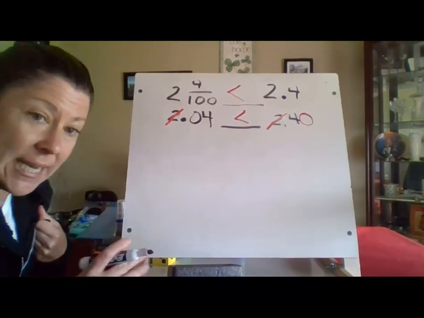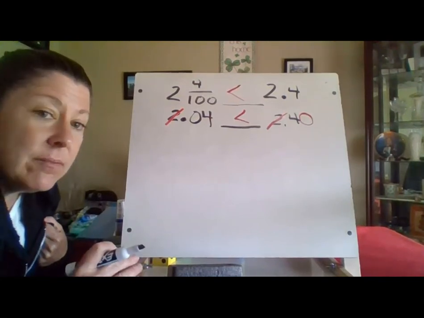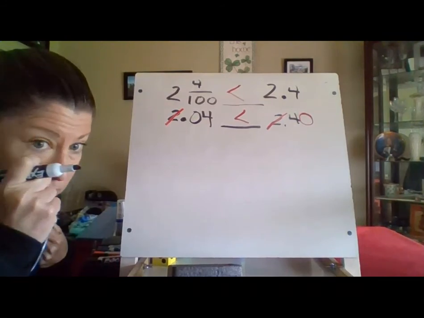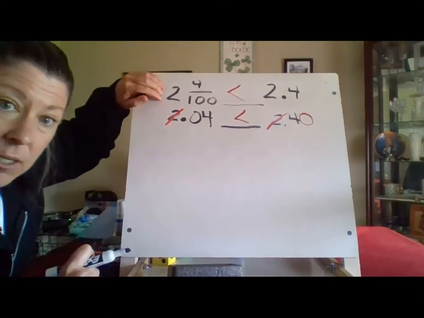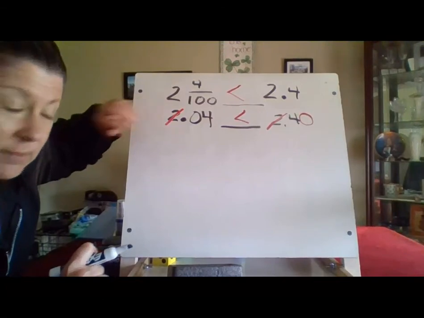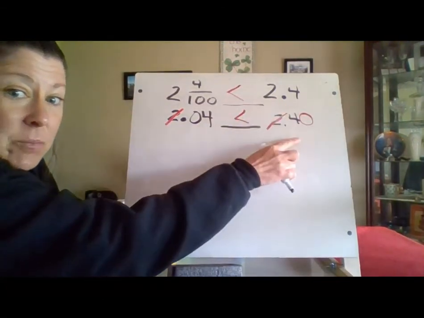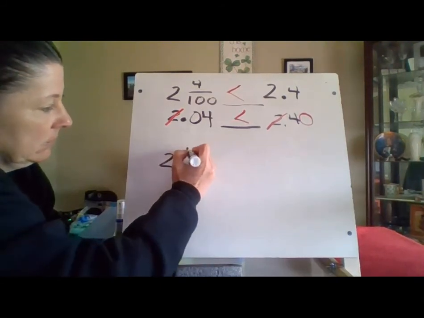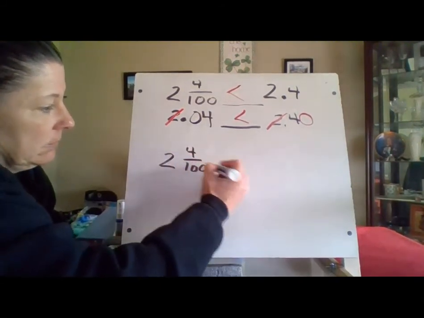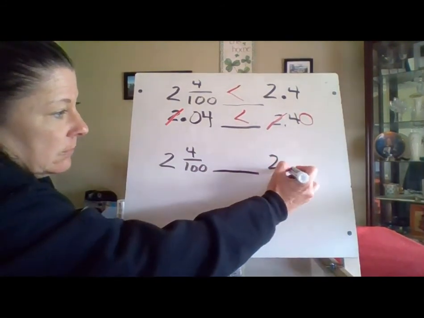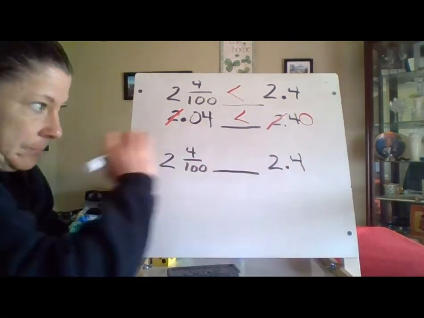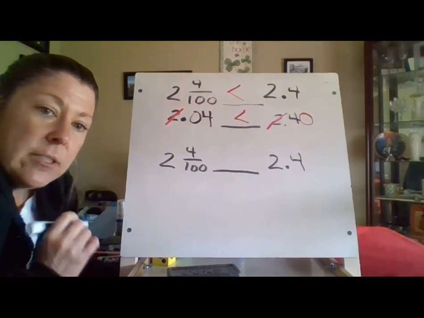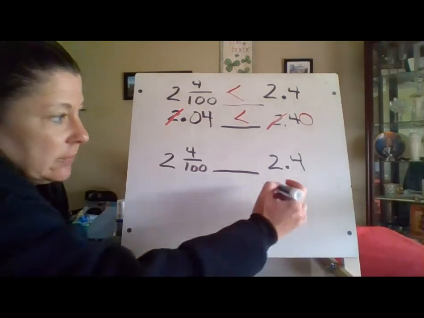Now I'm going to do the same problem, but solve it using a different strategy. Instead of changing the fraction to a decimal, I'm going to change the decimal to a fraction. So I know that 2.4 is really read 2 and 4/10.